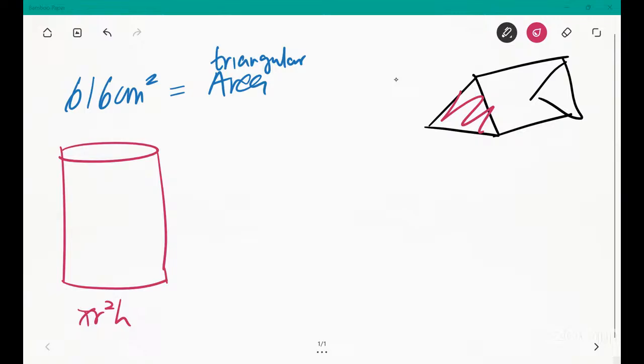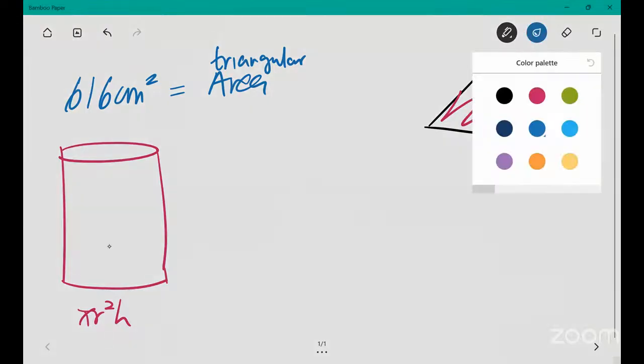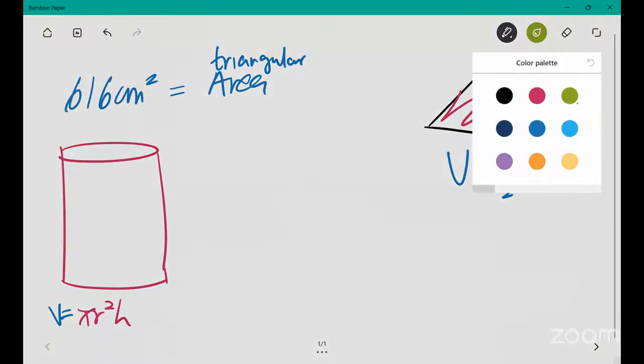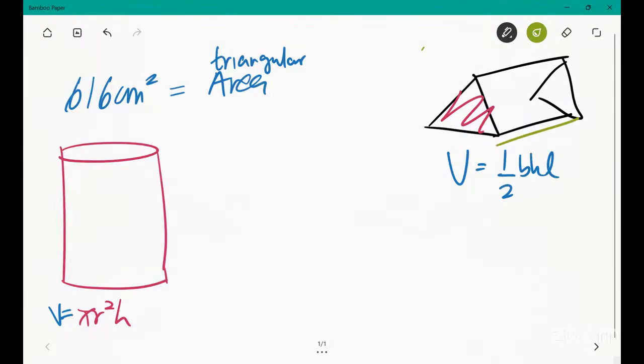So let's start. Remember the triangular area 616. This is the volume of this, and the volume of this is half into BHL. And here what they are saying is these two are the same, and they are also telling us the volume is the same.